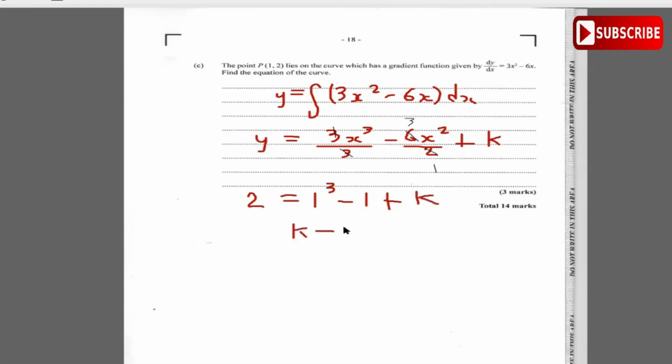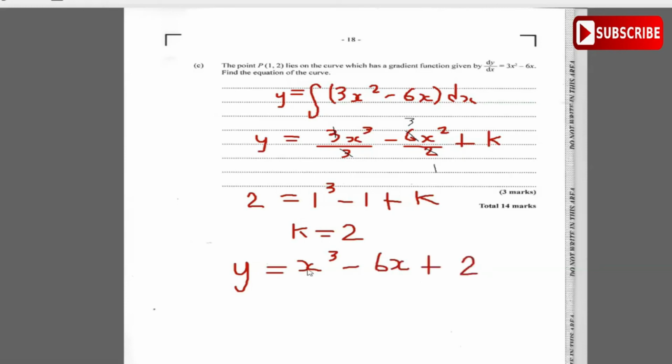If k is equal to 2, then the curve is y is equal to x cubed minus 6x plus 2. Nice and easy.